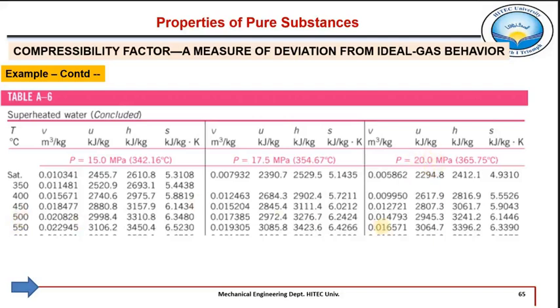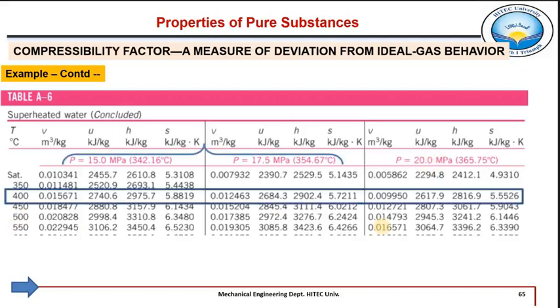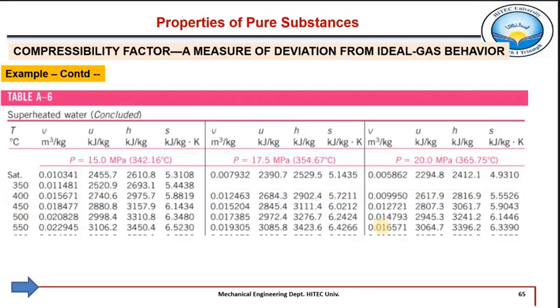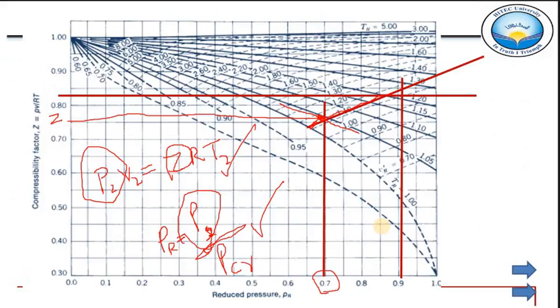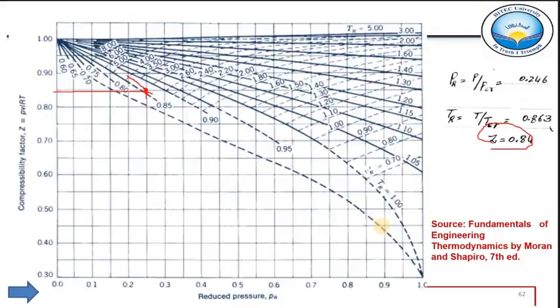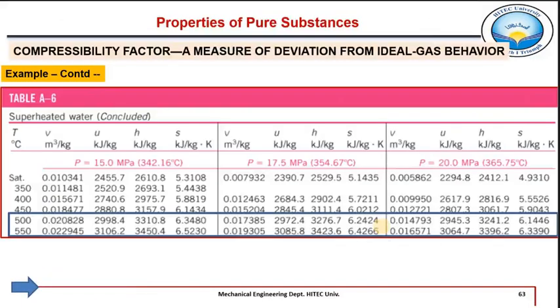So we need to interpolate between these 2 points, right? Because for a pressure of 20 megapascal and temperature of 520, the value is missing.